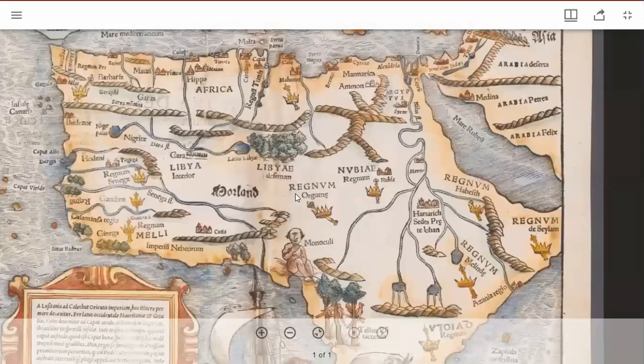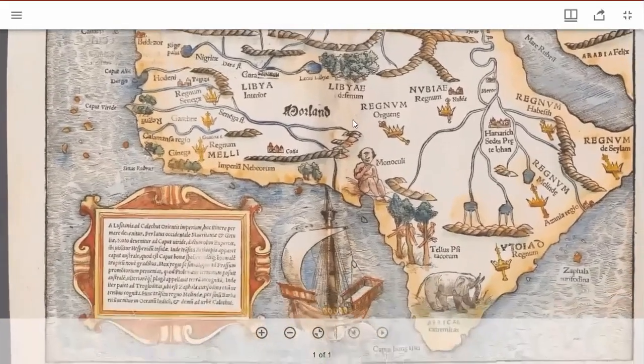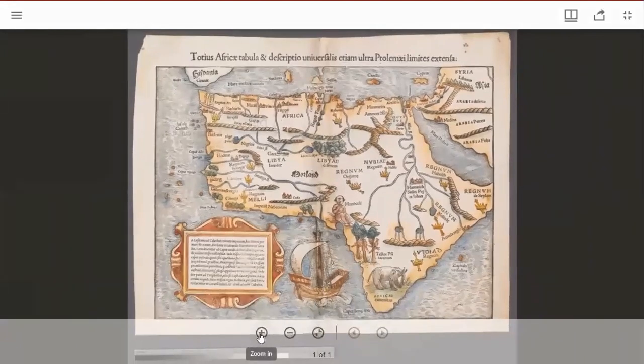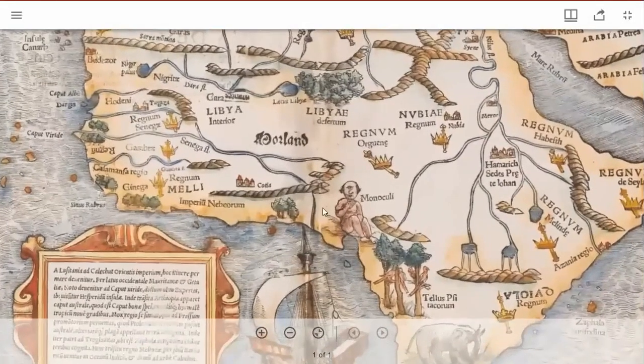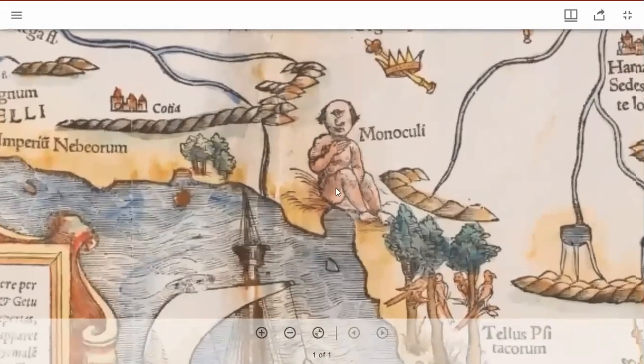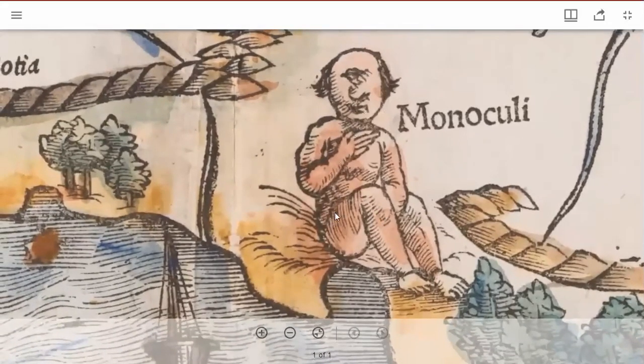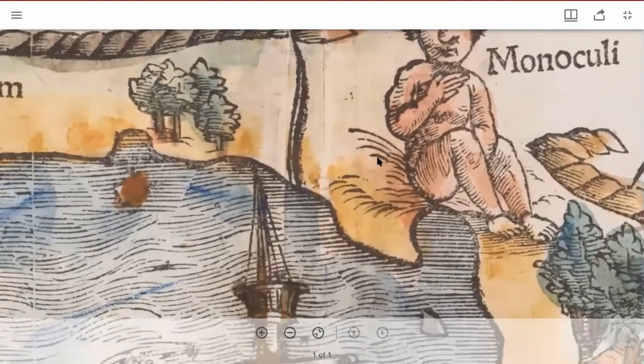This is a very interesting and important map for the early history of European representations of Africa, because it in fact shows the fanciful nature of the projections on Africa of European misconceptions, in particular the representation of a cyclops, a one-eyed personage that is said to occupy parts of Africa, represented as a cyclops figure seated here down around the Bight of Benin.